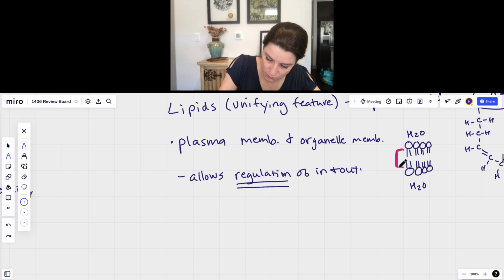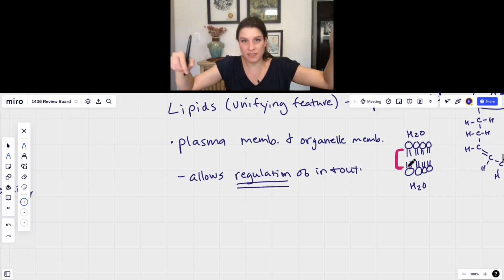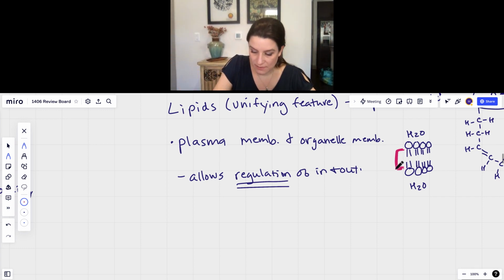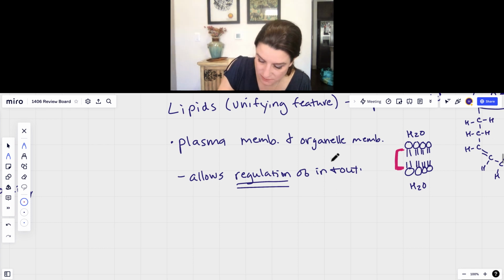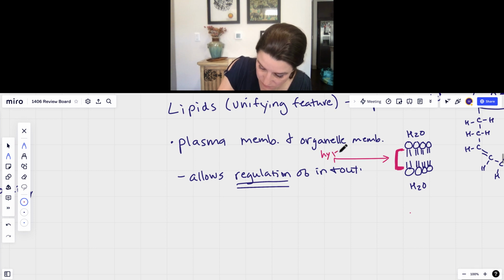The hydrophobic core is what's selective. They face this direction because the water is on the outside facing the hydrophilic heads, and the tails flip on the inside, and that's the selectivity part.